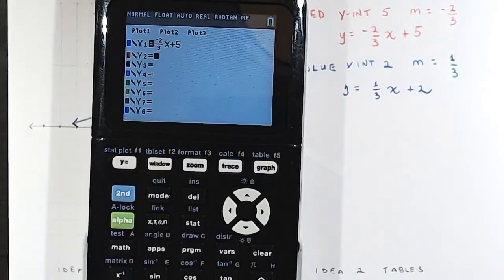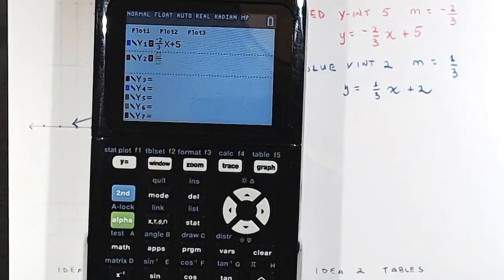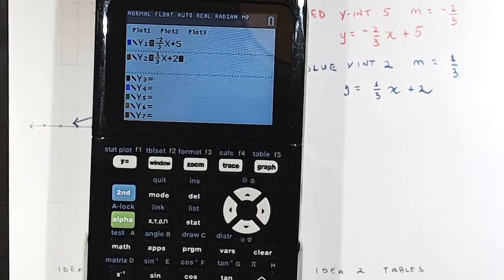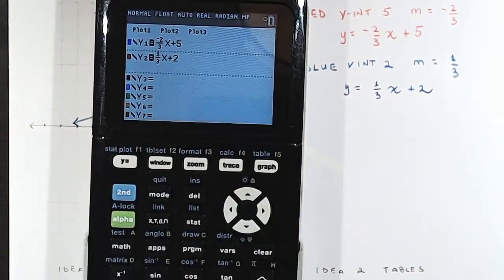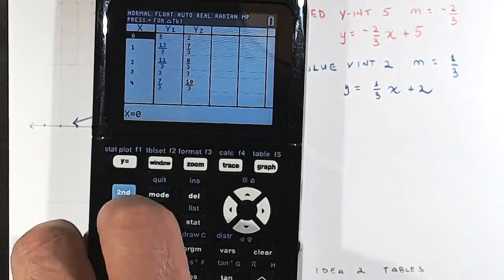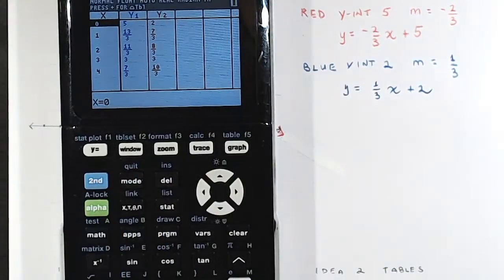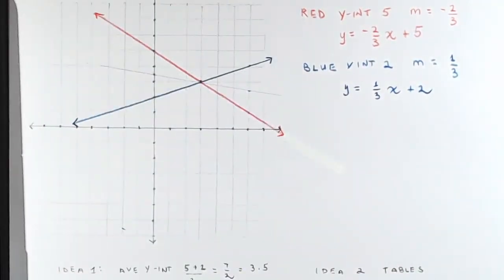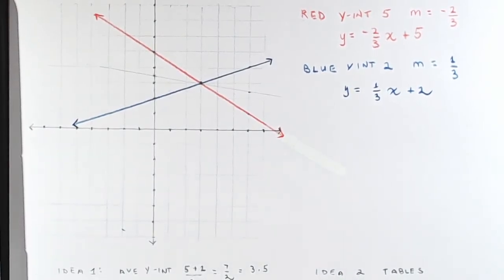Okay, so we'll plug that in. 1/3 x plus 2. All right, and now I'll hit second graph and look at the table. Okay, so let's be careful about how we pick our values, because you don't want to end up with these weird fractions. Okay, so this is my blue y values.